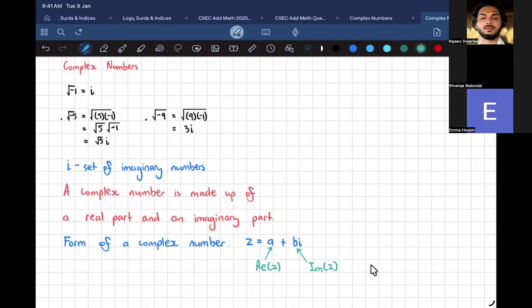So, do you all remember what the discriminant is? B squared minus 4AC. Now, guys, do all quadratic equations have real solutions?